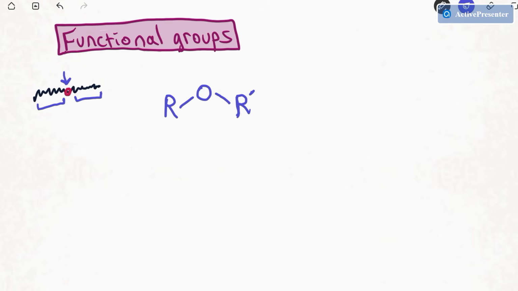And remember I said that you don't really have to usually write that first R, you can just write a dash, because we all know that never changes. There's always the rest of the molecule over here to the left, right? So we don't really need to write that down. So we just go dash OR, and the OR is just, it's implied that it's a single bond to each other. Well, this is called ether.